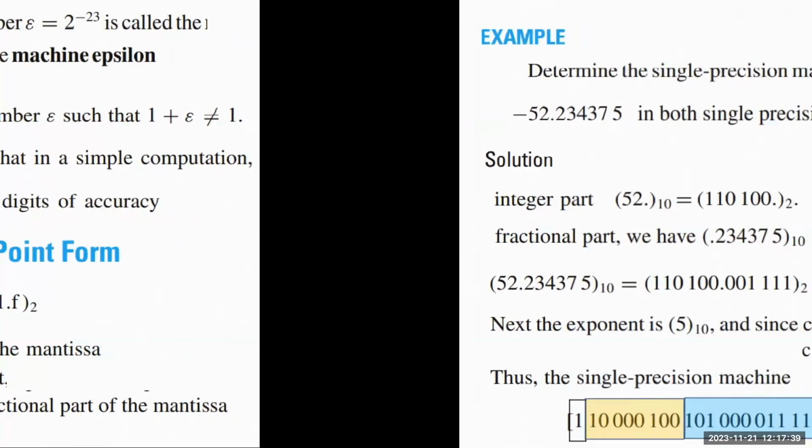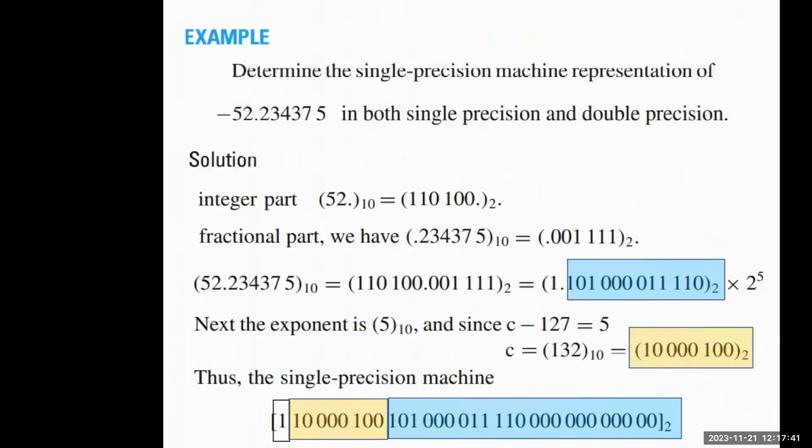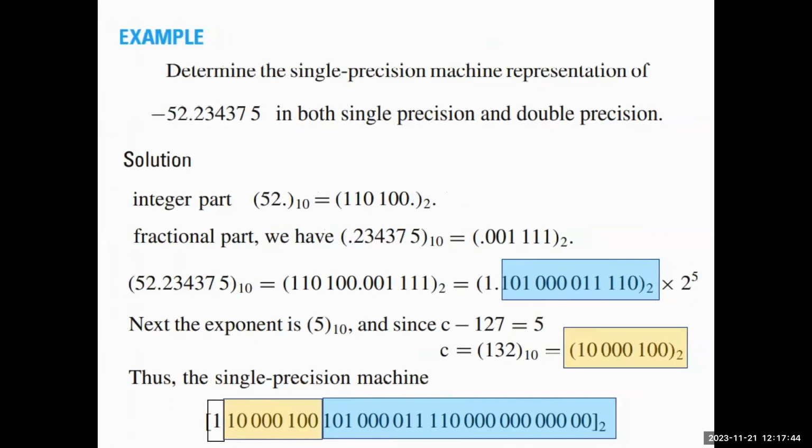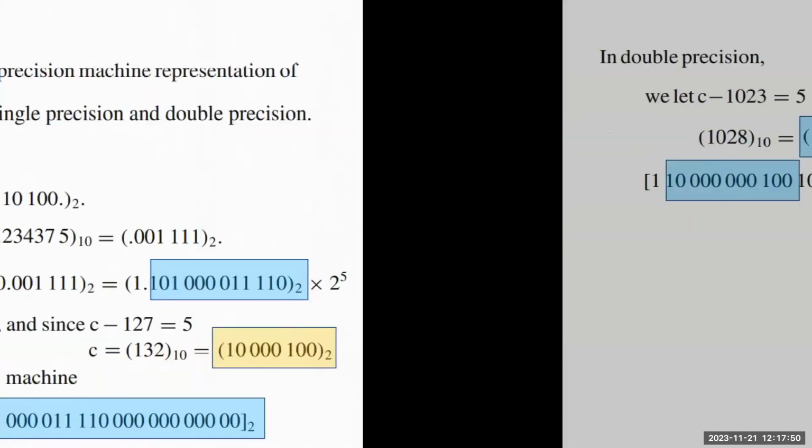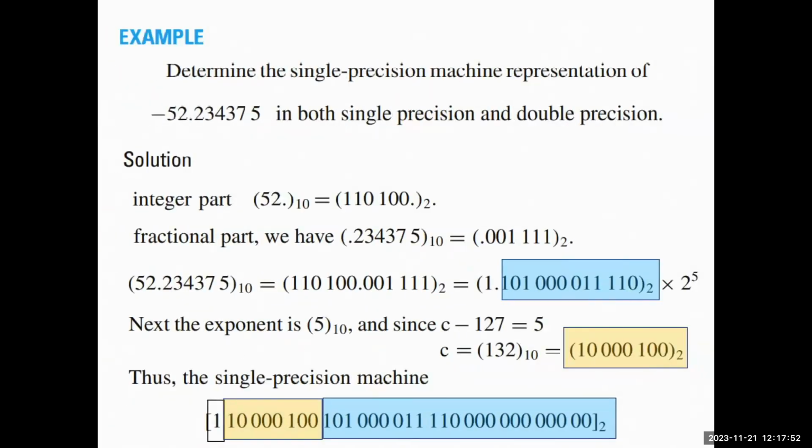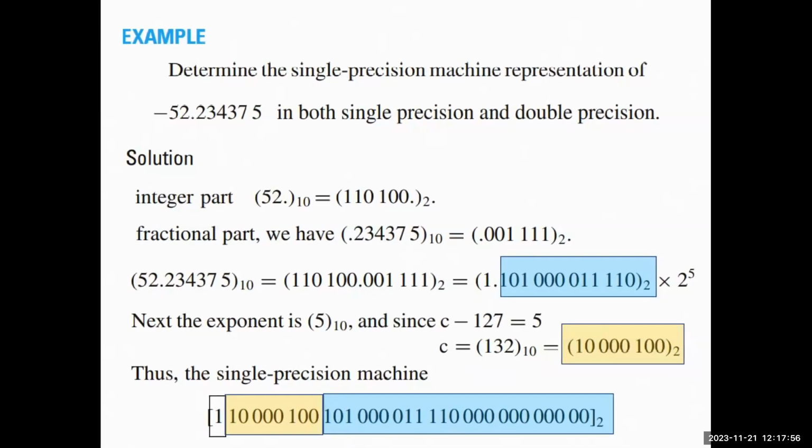Okay. And I think that I will post this one and you can study and look at the example from this slide. Okay. And I think that it is 2 minutes late, but it's okay. All right. Do you want to read it by yourself or do you want me to go through this?